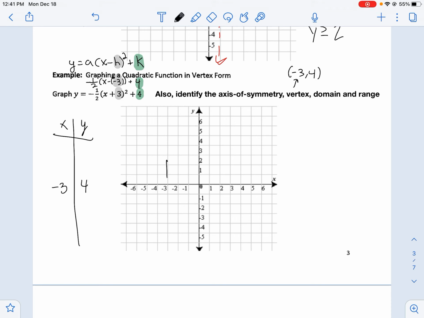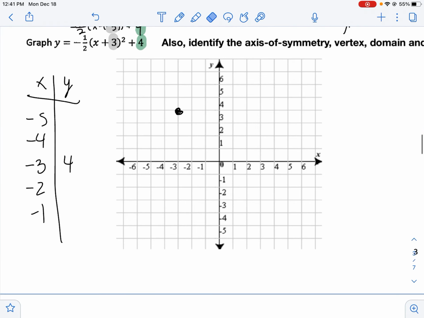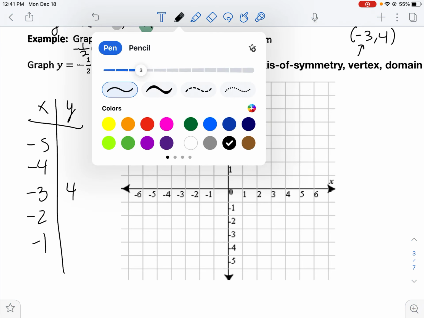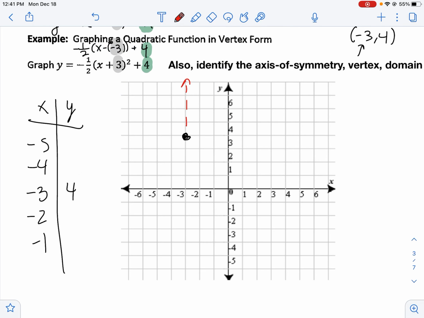And then you're going to choose, so if we're at (negative 3, 4), we have these x values that we're going to use. Negative 4, negative 5, negative 2, negative 1. All right, now that also means our axis of symmetry is at the vertex.